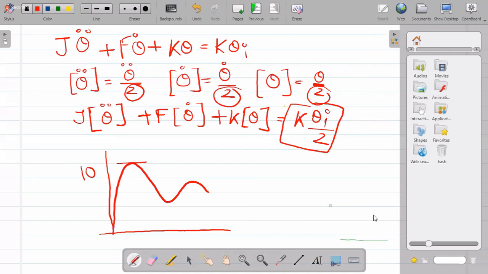And you have to keep in mind that these modifications are to be incorporated while selecting these gains, this J, F, and K. These gains will all get changed, right? Obviously, this J will be J by 2, this will be F by 2, this will be K by 2, things like this.